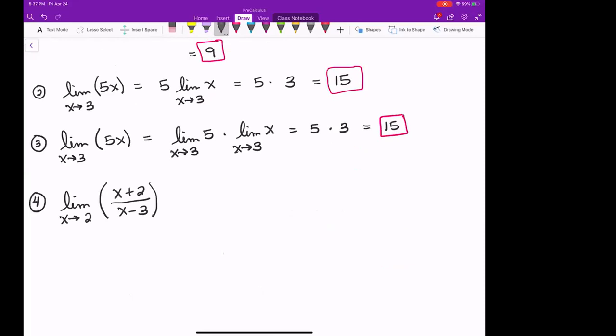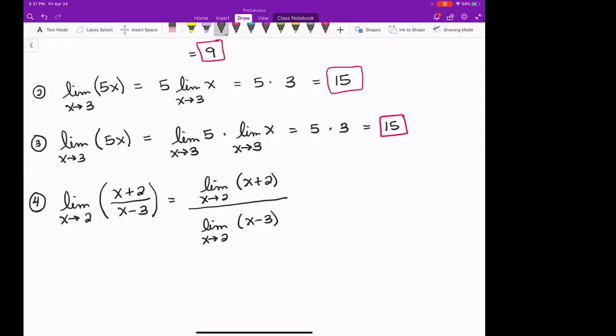So what that property says is that we would do the limit of the x plus the 2 as x approaches 2, and I would divide that by the limit of the x minus 3 as x approaches 2.